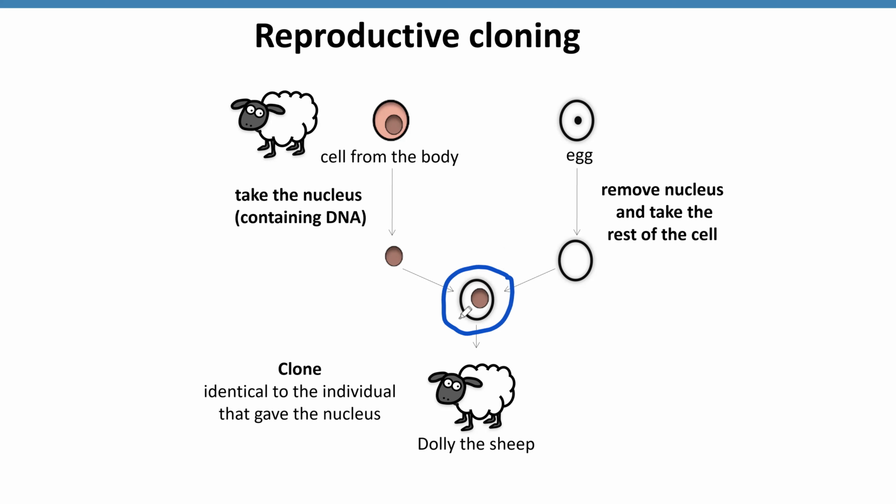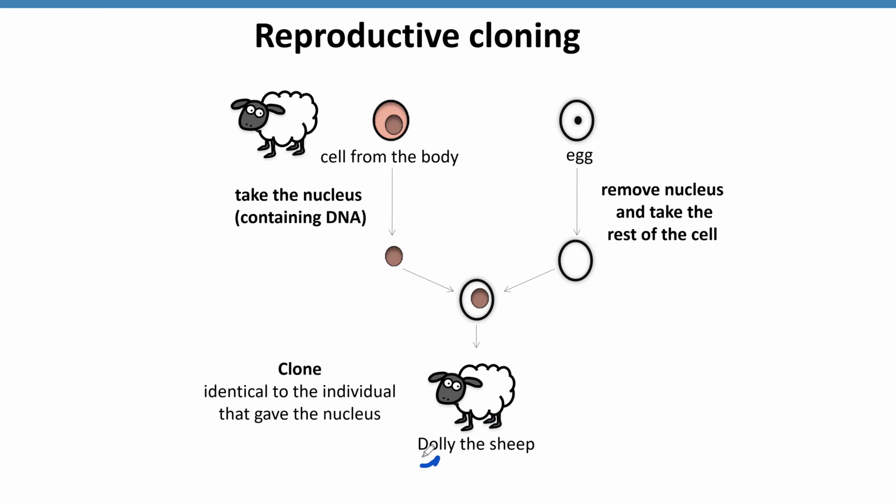If you have a zygote, the zygote will divide, and we produce an organism identical to the one that we got the nucleus from. This is how the first organism was produced.